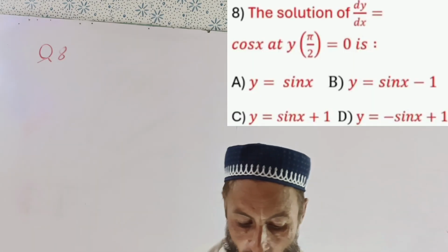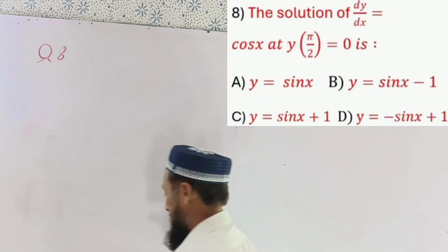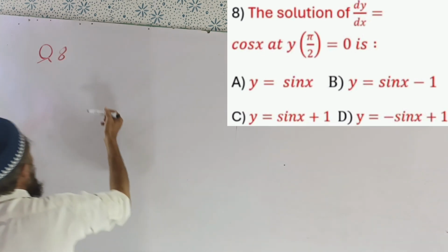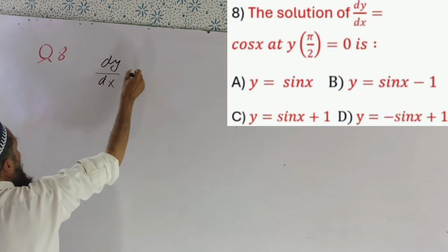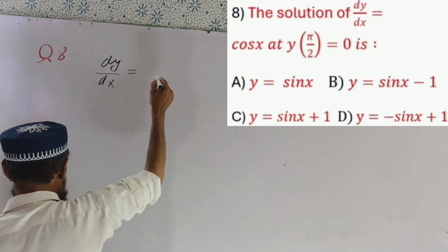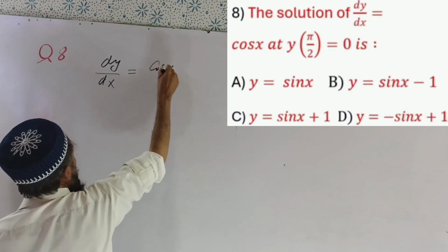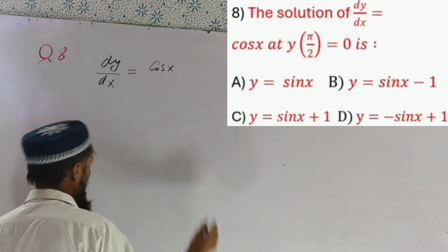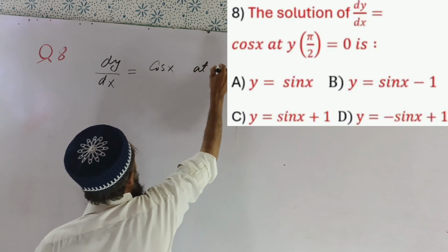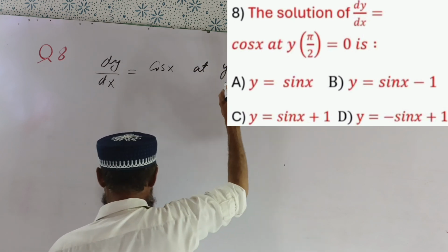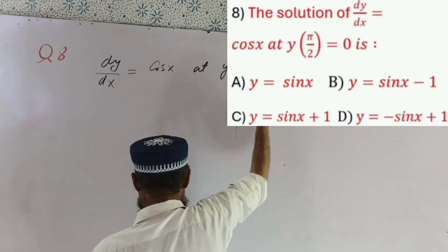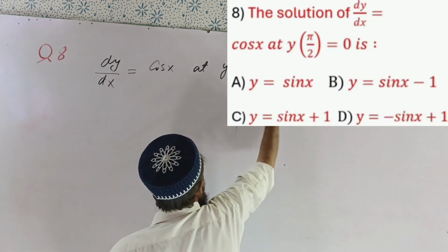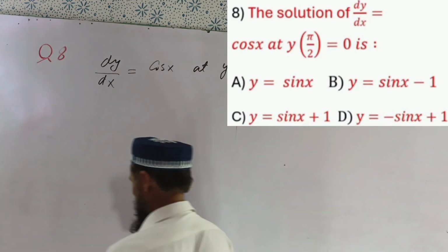The solution of dy by dx is given as cos x, with the specific initial value condition y of pi by 2 equal to 0. What is the solution here?